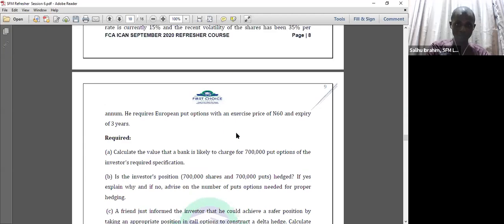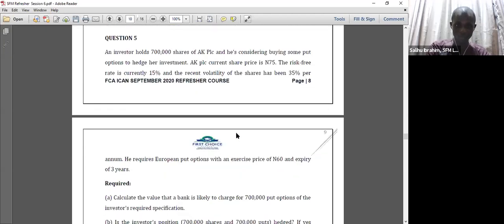So we might not be able to go further than this for today. We are going to drop the curtain of our lecture for today here. On Monday, we are going to treat the remaining 2 questions before we go to our hedging, which is currency risk and interest rate risk management. That's where we are going to start on Monday. And obviously, except we are able to finish that hedging on time, that might be our last topic.